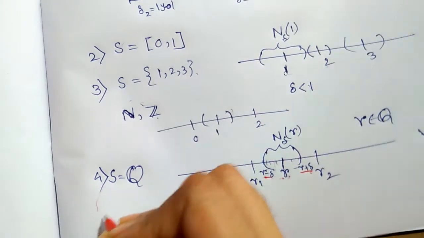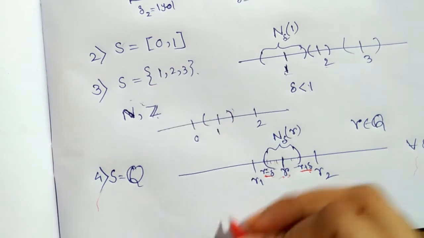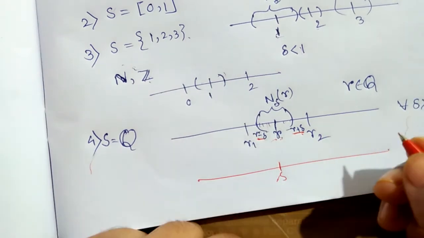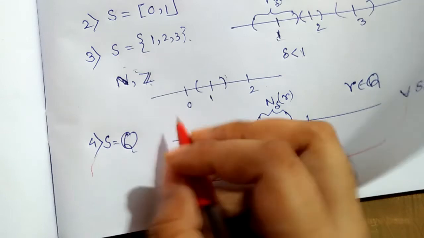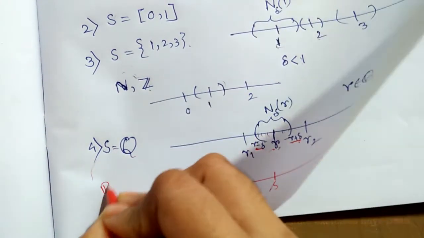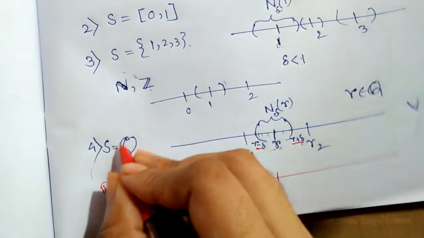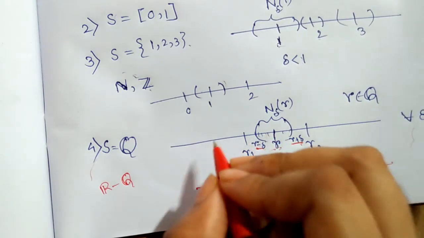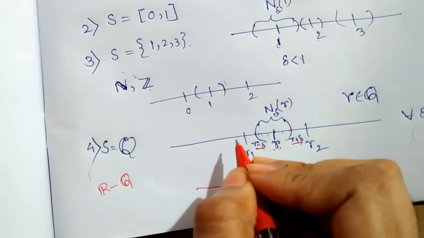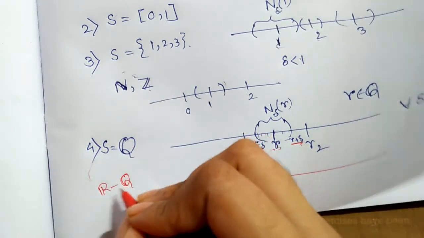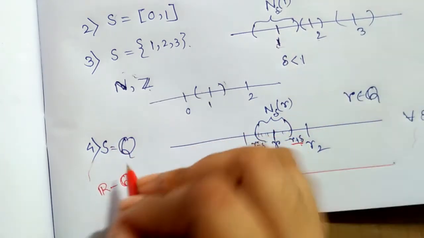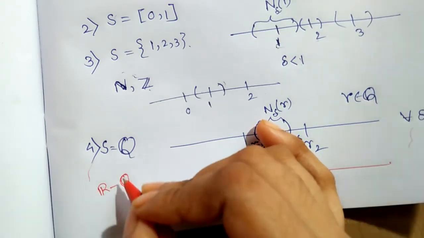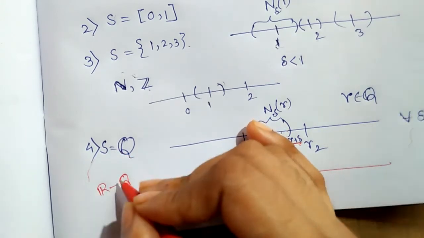Now suppose this is any irrational number, that is, a point outside of this set, I am talking about R minus Q. Here S is the set of all rational numbers, and we have proved that any point of S is a limit point of S. Now we are going to check whether an outsider point of S, that is, an irrational number, is a limit point of S or not. These irrational numbers are the outsider points.